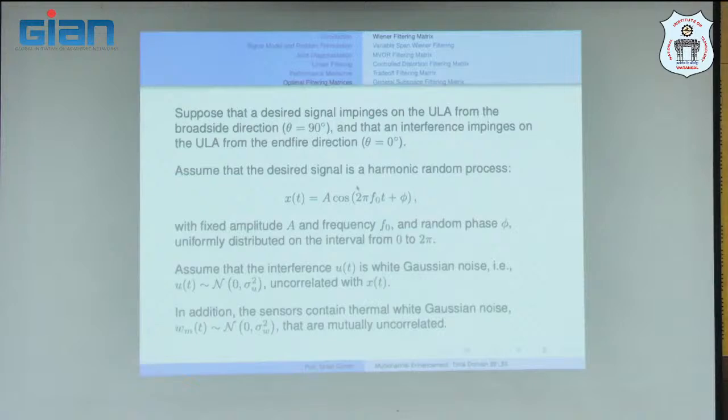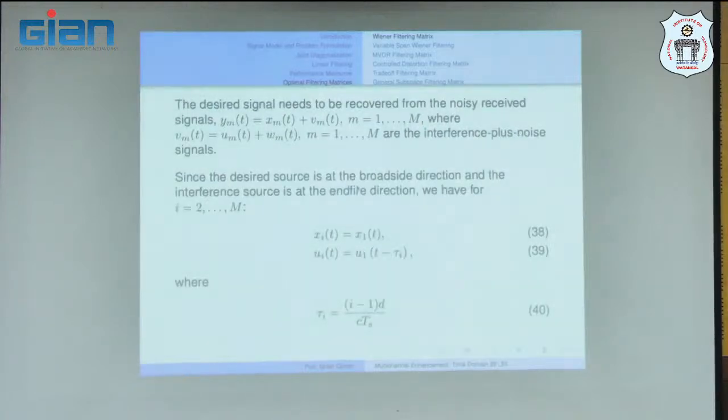So we can write this example such that each sensor receives a desired signal plus noise, and the noise is a superposition of interference plus thermal noise.